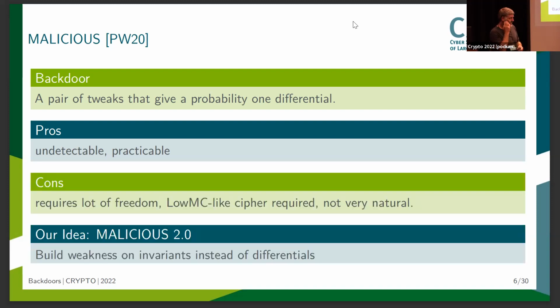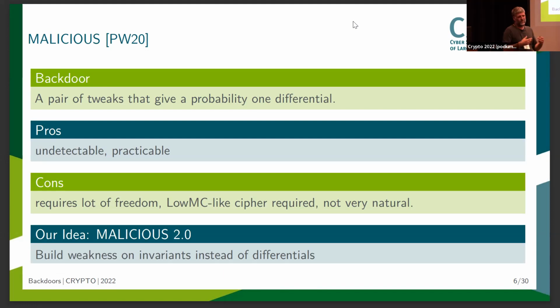It also has some downsides, and this is why we think it's worth looking into it again. Namely, it's very non-natural. They start with these tweaks and basically have to modify the round function, the linear layer of this round function, in order to make sure that this differential has probability 1. So they have to basically choose a random linear layer for the cipher.